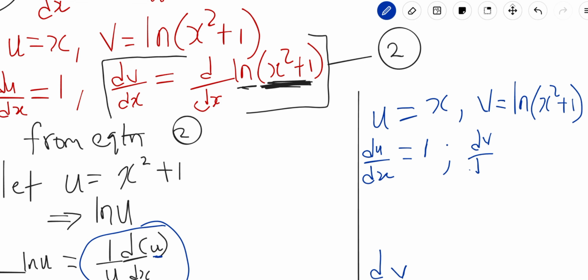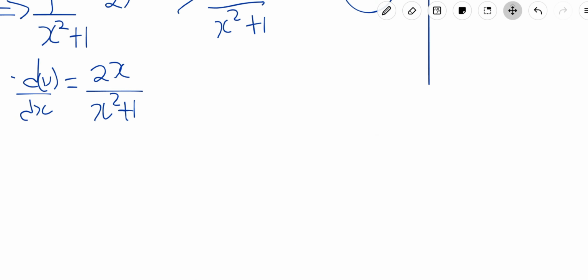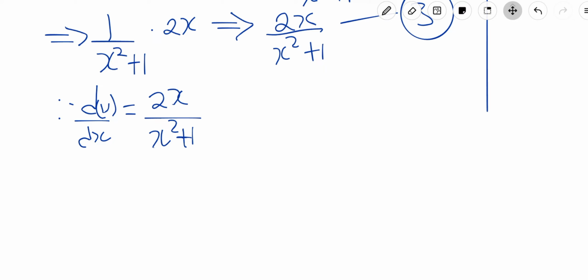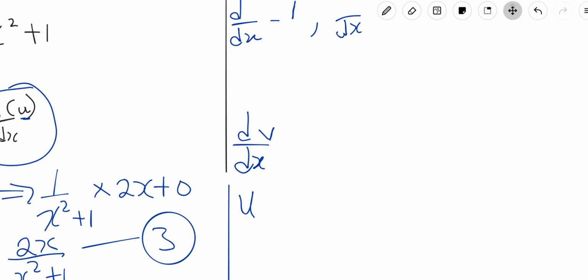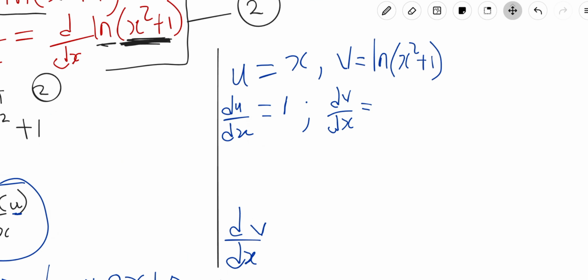Therefore, dv/dx is equal to, that's what we just derived, 2x over x squared plus 1. Yes, 2x over x squared plus 1.